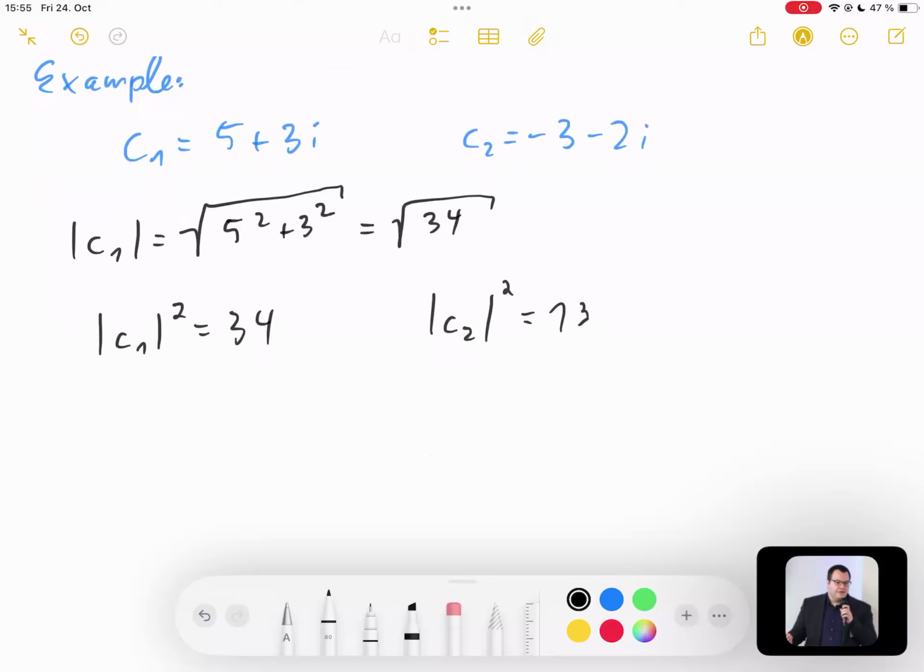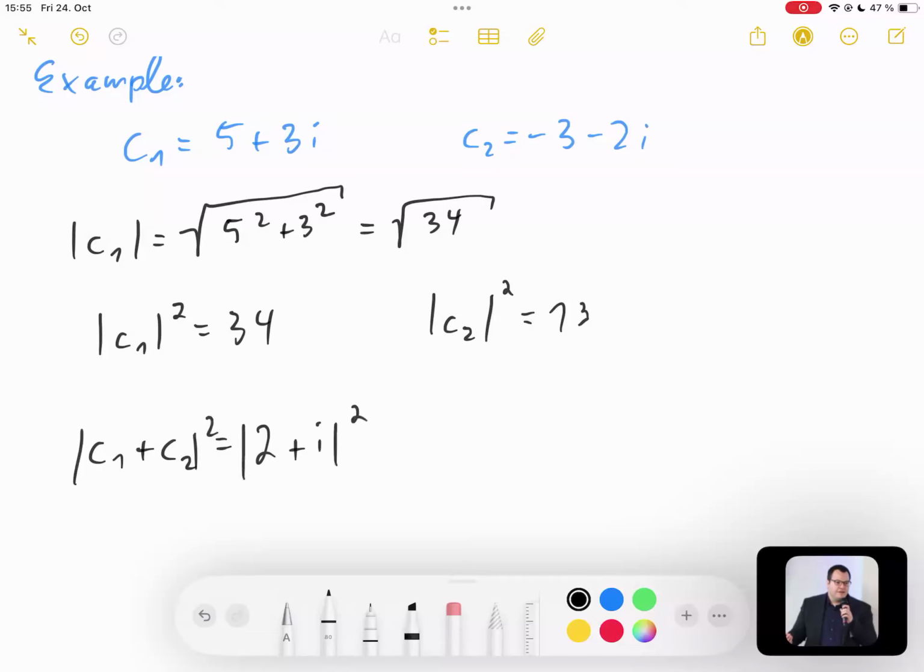Now we see what canceling out means. Imagine I have C1 plus C2. Adding up these two complex numbers, I will get 2 plus i. Now I want the modulus squared of this addition.